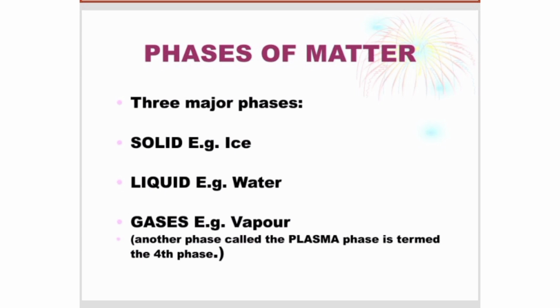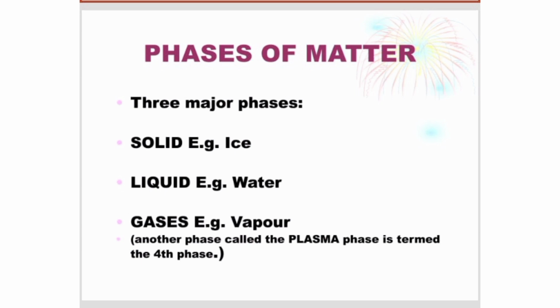In this case, the atoms get really hot and electrons are ripped off of the nucleus of these atoms. We are going to be learning about atoms later on, but I just want you to have this information. And this causes a pool of ionized particles.